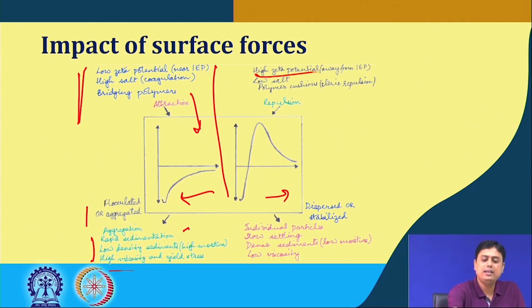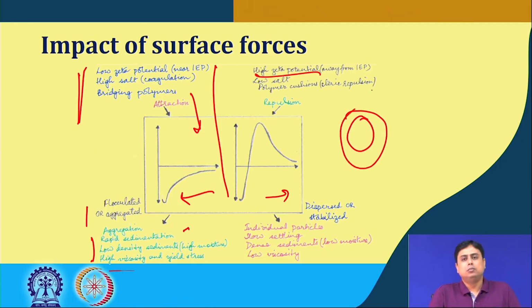In case of high zeta potential, that is away from the isoelectric point, with low salt concentration, and say there are polymer cushions, that means the whole surface is covered with polymer adsorbed on the surface, there is a steric repulsion. We have repulsive forces between the particles, and that results in a stabilized dispersion, where the particles can remain suspended forever.